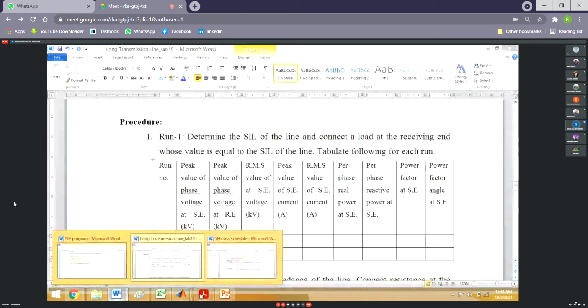Sending active power is 1.94 into 10 to the power 8 watt, and sending end reactive power is only 4644. As compared to sending end power, receiving end reactive power is very low, almost zero. But it will not be zero in practical cases because there will be some source inductance. So you note the sending end active power and reactive power.